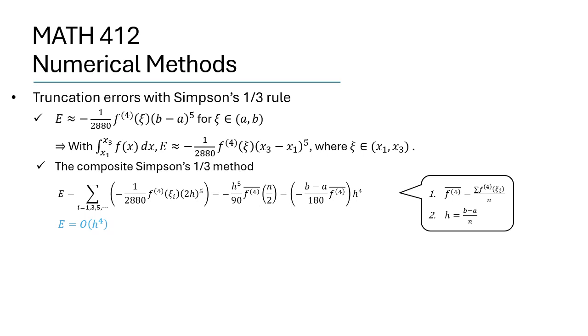Now, how about the total? You add all these errors together: the first pair of 2 consecutive intervals, the second one, the third one.